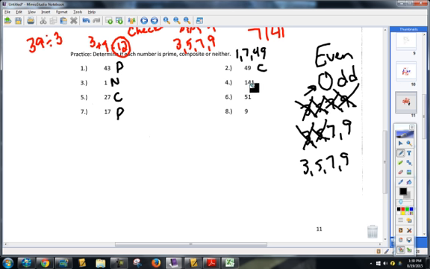So 1 plus 4 plus 1 would be 6. Does 6 have a factor of 3? Yes, it does. Therefore, it has at least 3 factors. Composite. 51, 5 plus 1 is 6. 6 does have a factor of 3. Composite. And finally, 9 has a factor of 9, but it also has a factor of 3 because of 3 times 3, so that's composite as well. All right? See you guys.